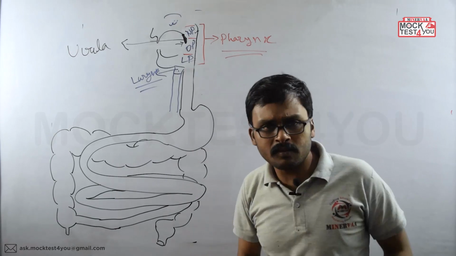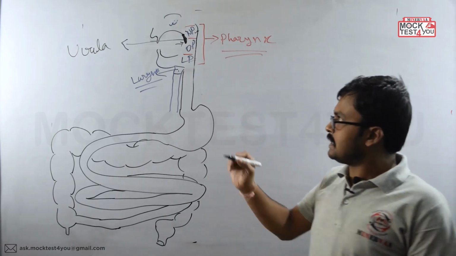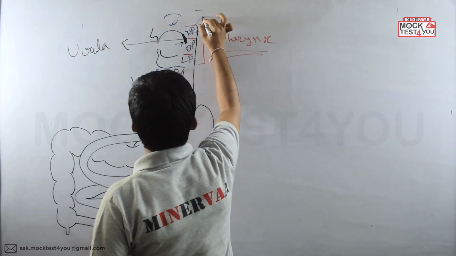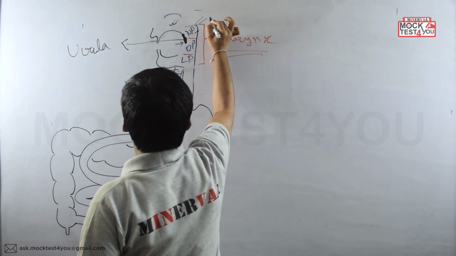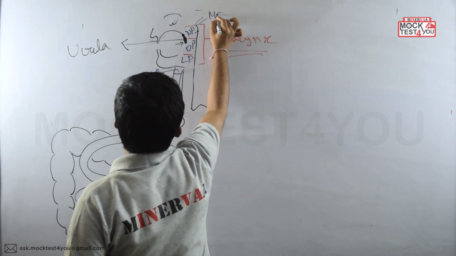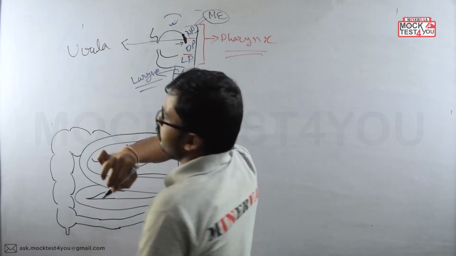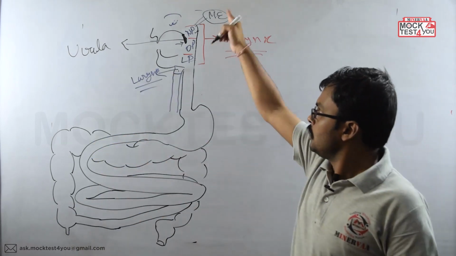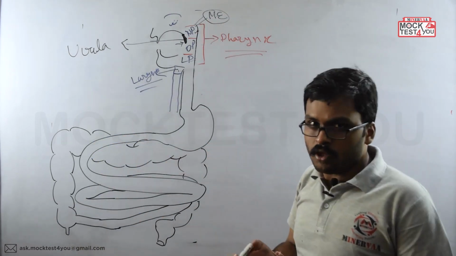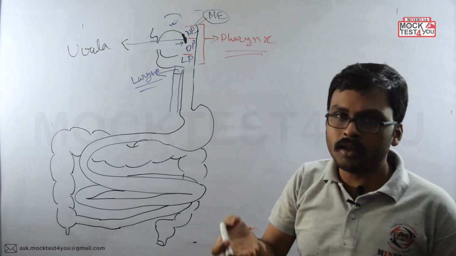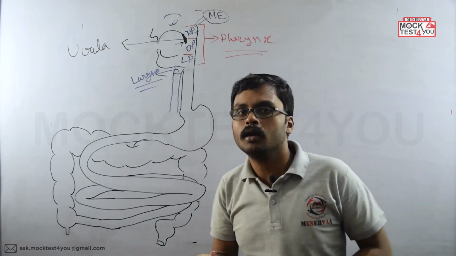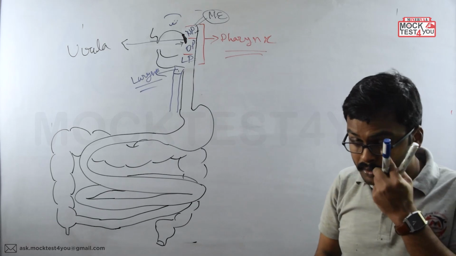Now in the nasopharynx region we get a canal-like structure which is connecting it to the middle ear. The ear has three different parts, we know: the external ear, then the middle ear, and the inner ear.